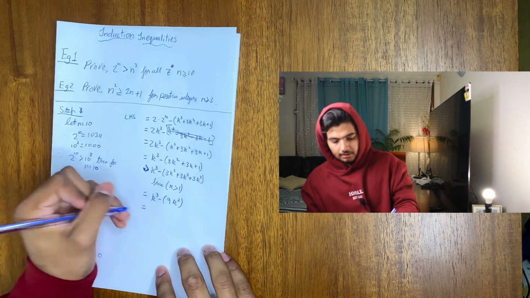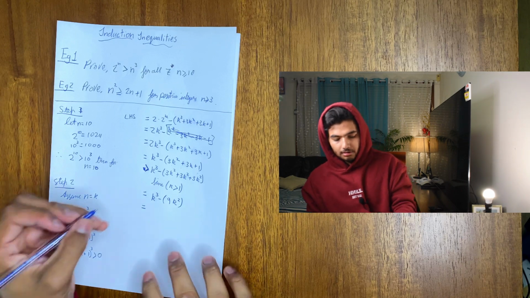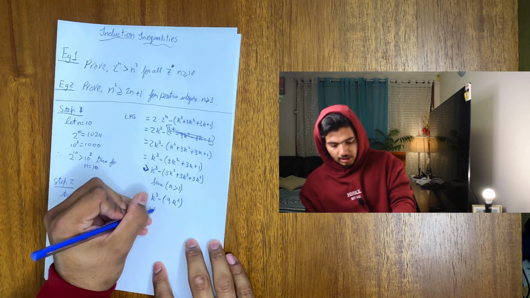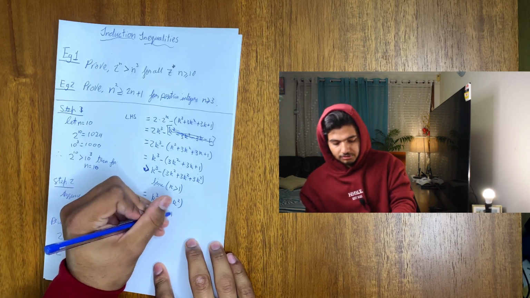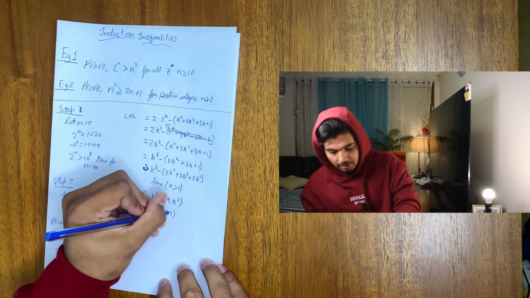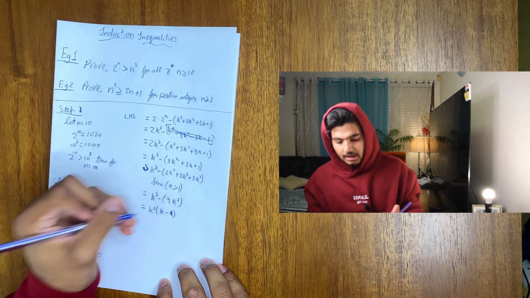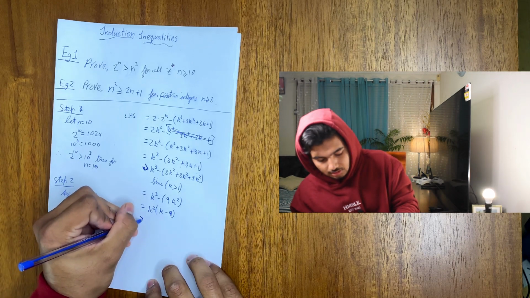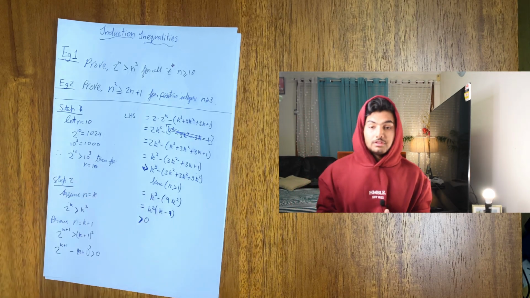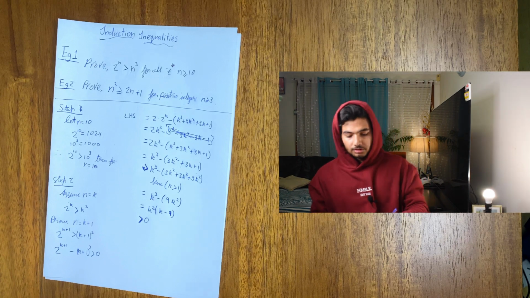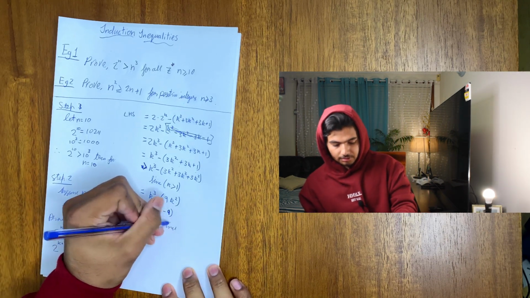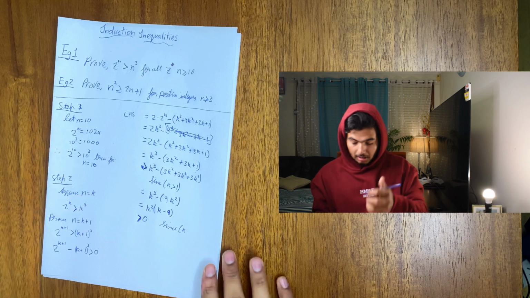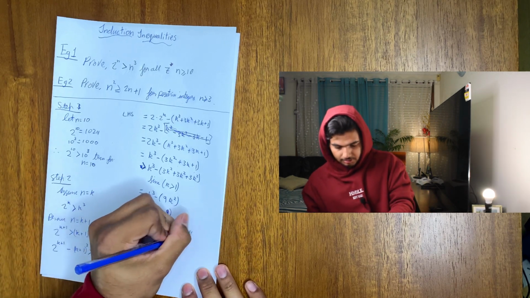Factor out k squared, we then get k squared brackets k minus 9 in this case. But we know that that is going to be greater than 0, since k is greater than or equal to 10.